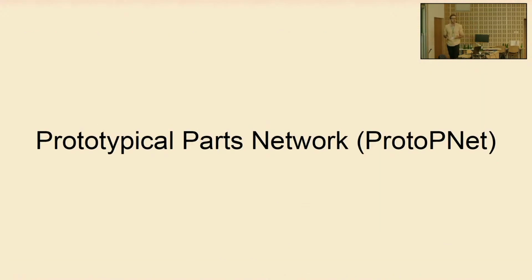To talk about the three papers that I mentioned before, I have to introduce the basic paper that we started with. This paper introduced something that is called the prototypical part network.